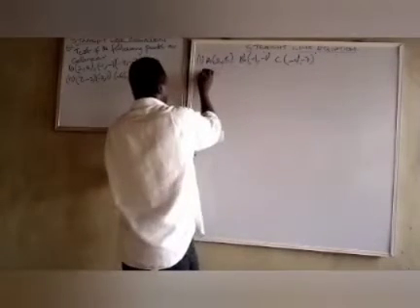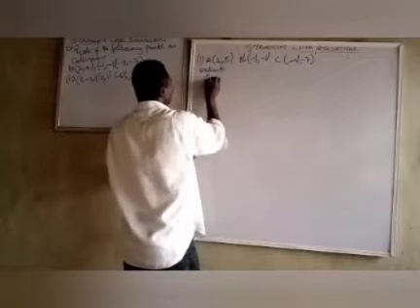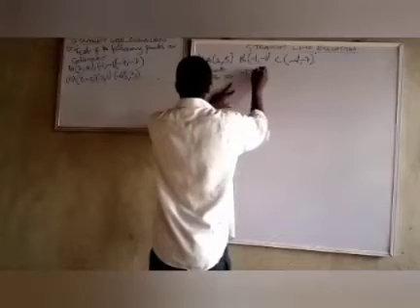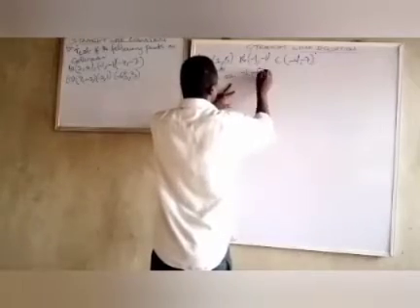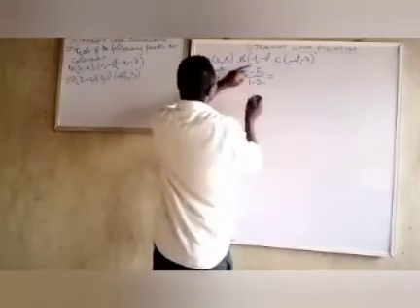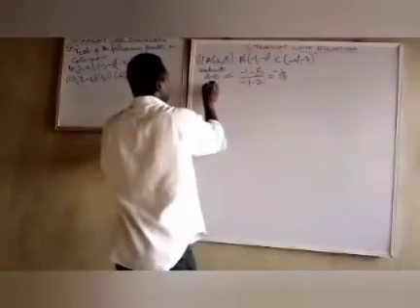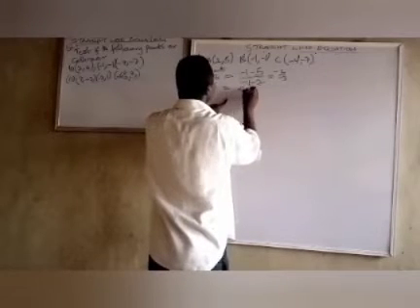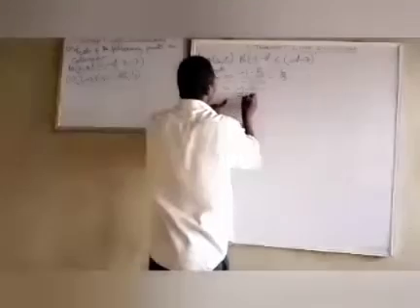Now, let's check gradient of AB. AB, that will be minus 1, minus 5, over minus 1, minus 2. That is minus 6 over minus 3. Let's check AC. That will be minus 7, minus 5, over minus 4, minus 2.